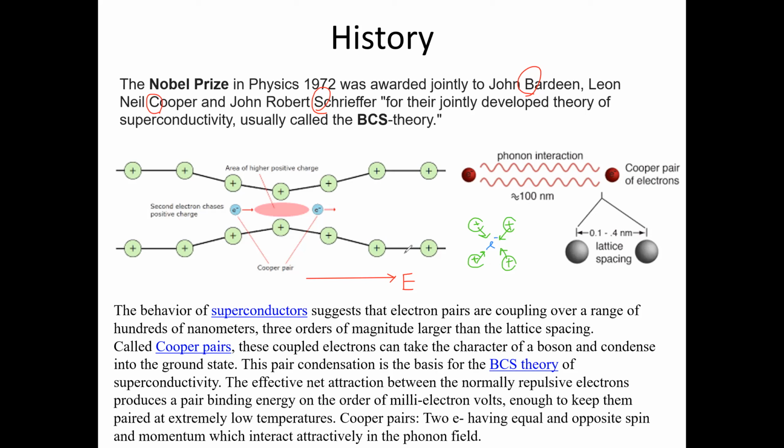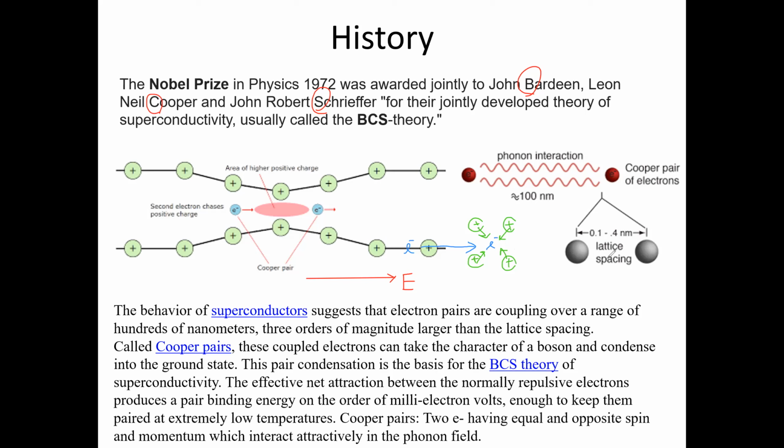The next electron doesn't feel like it wants to repel from this electron, but it feels, look, this is a large group of positive ions. So they try to attract this way. Let's take a look at the magnitude.